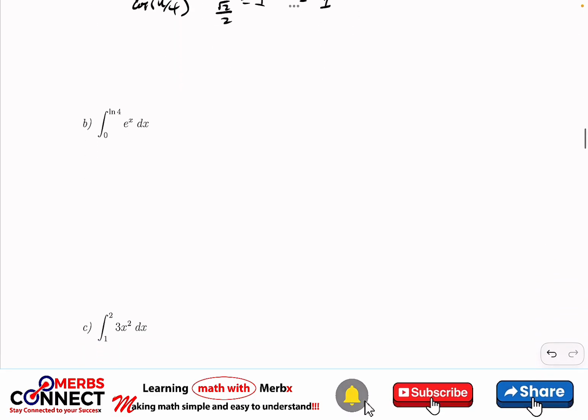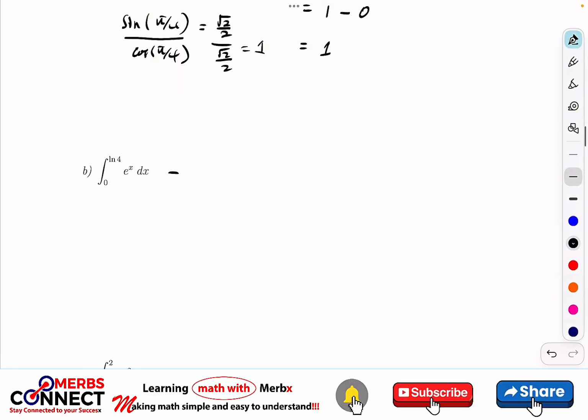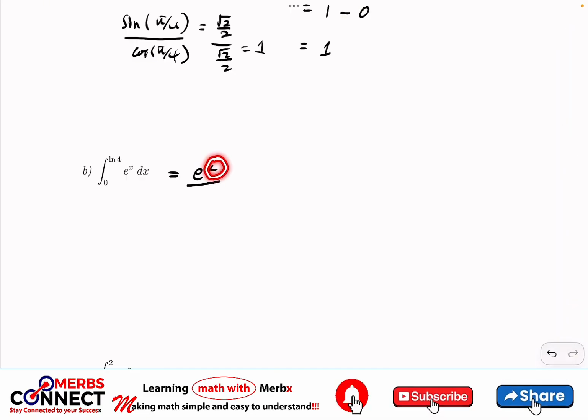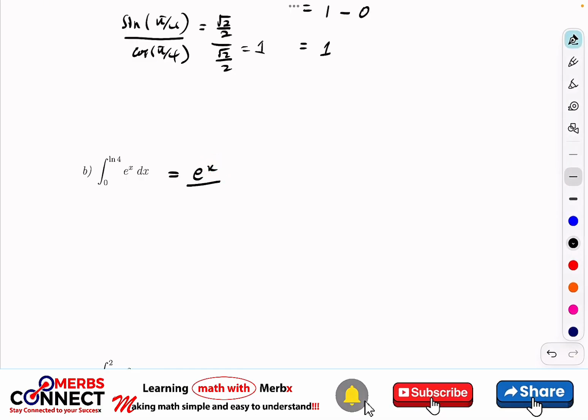Now let's look at B. Now this is equal to, now exponential function, we maintain the function and divide it by the derivative of what is on the top. So when I divide it, this is going to be 1, because when I differentiate x, I get 1. So 0 to natural log of 4, and this is e to the power x, 0 to natural log of 4.